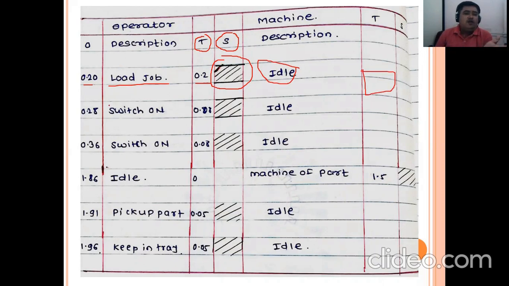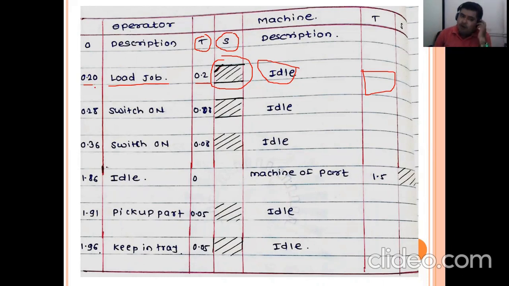After loading the job, at 00 timing, 7 o'clock or 8 o'clock, this is started. But after 8.2 minutes, or whatever it may be, the job is loaded. For that time the machine is idle.